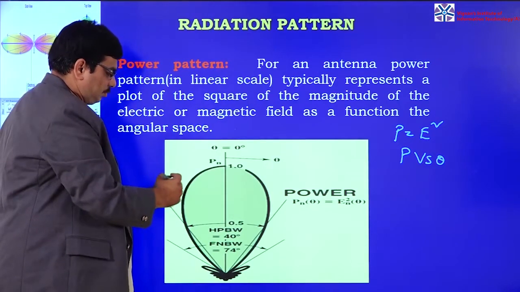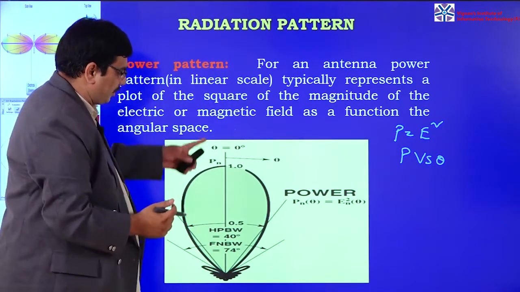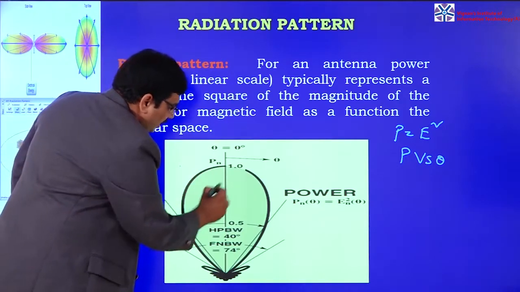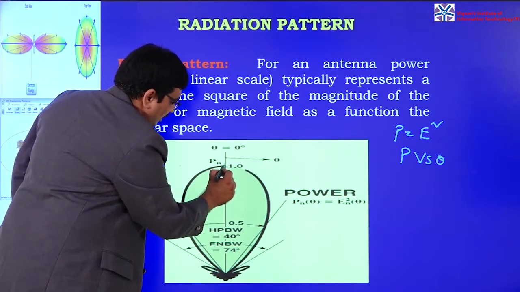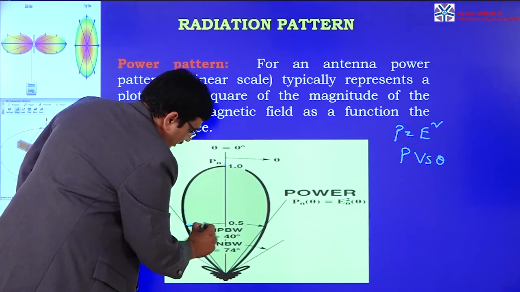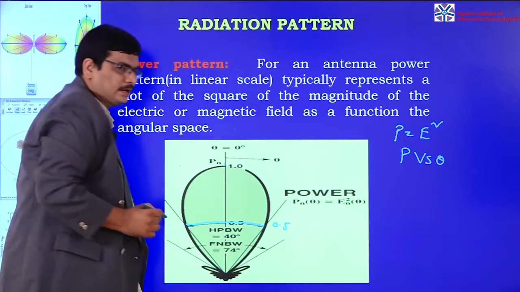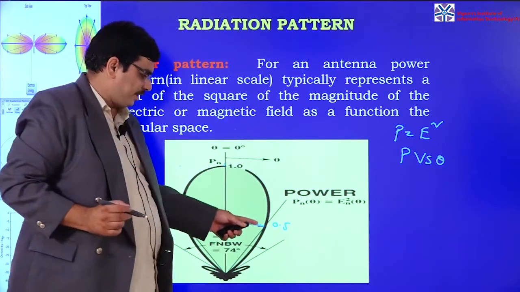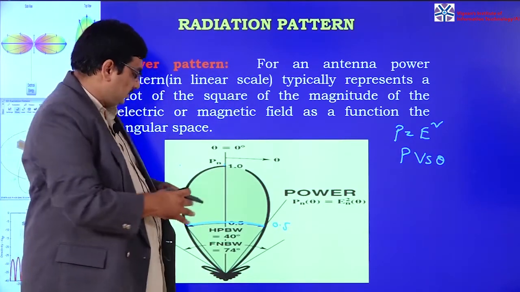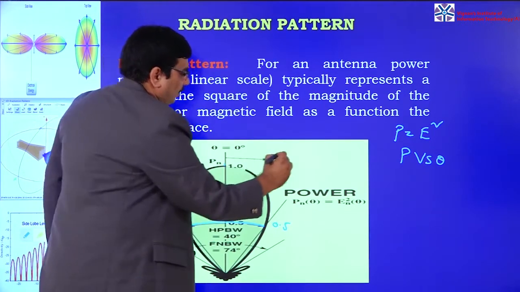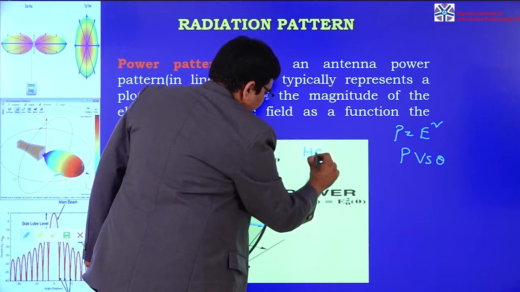So this is the power pattern of an antenna. Here we are drawing a line for the normalized power at 0.5. We are drawing a line at the point 0.5 and the angular difference between these 2 points is called a half power beam width.